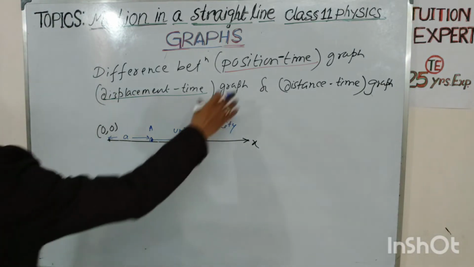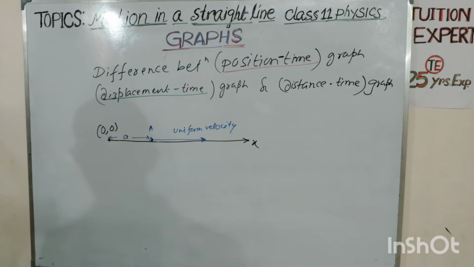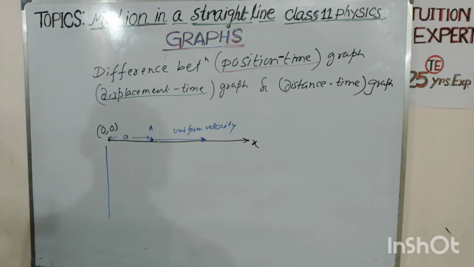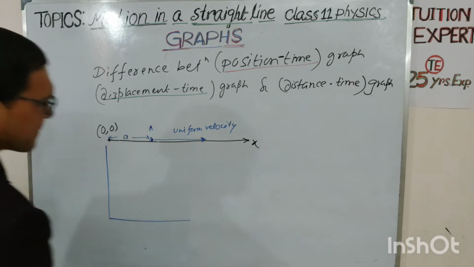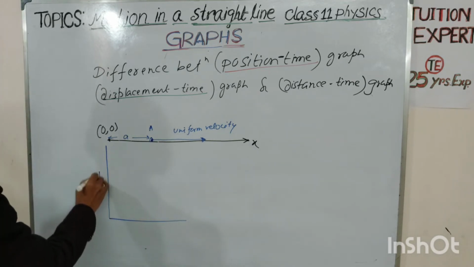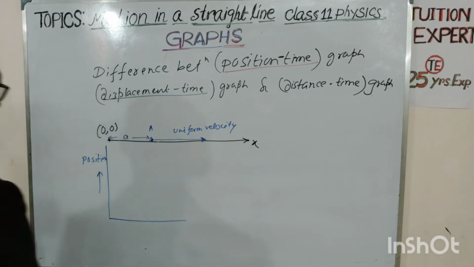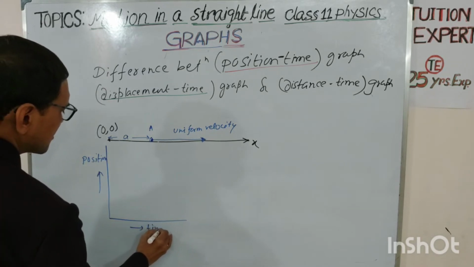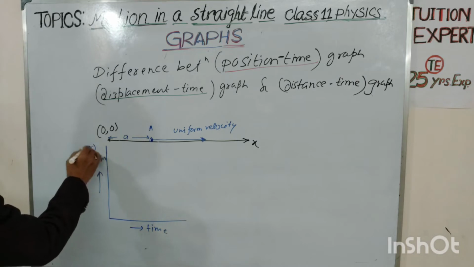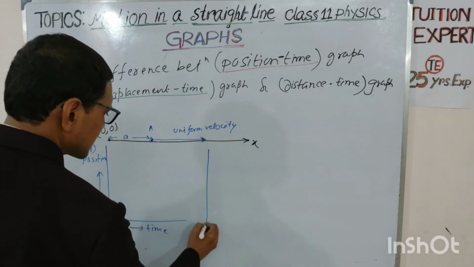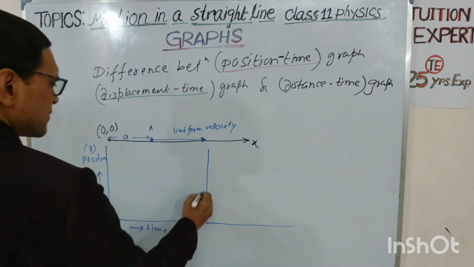So if we draw the position time graph, I draw three graphs. Suppose this is position time. Position is denoted by r. Distance and displacement are the same.